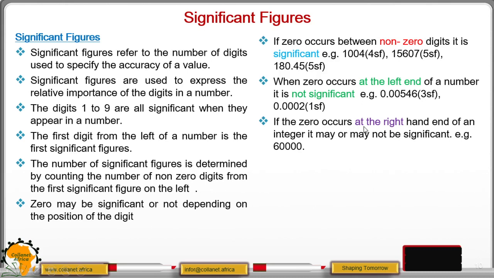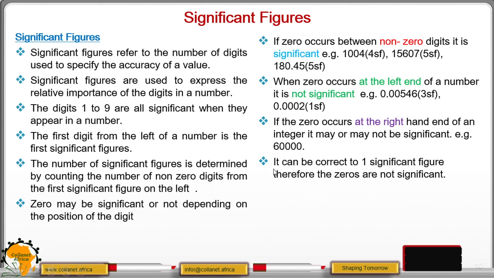If the 0 occurs at the right hand end of a number, sometimes we say that it may or may not be significant. For example, if you take 6,000 and you are told that this number is correct to one significant figure, then it implies that all these zeros are not significant.